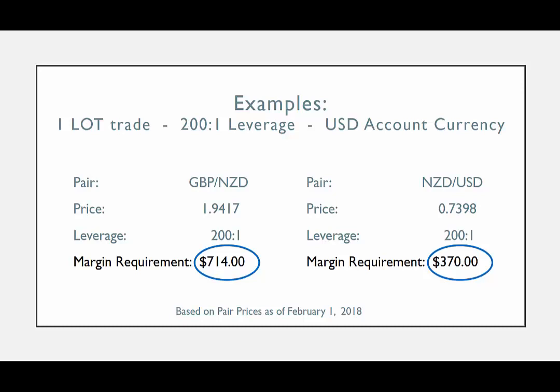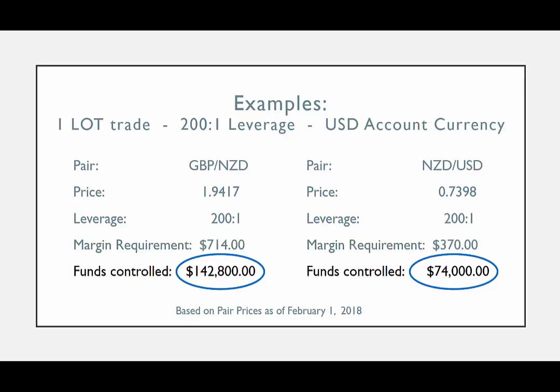Notice that the margin requirement for the GBP-NZD pair is $714, but the margin requirement for the NZD-USD pair is only $370. This is because of the vastly different amount of funds that each of the trades is controlling.